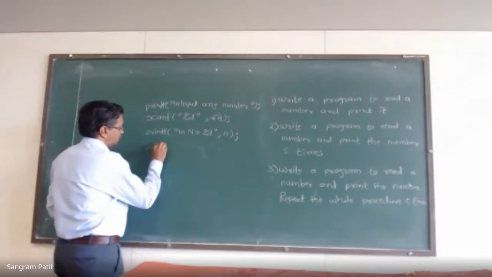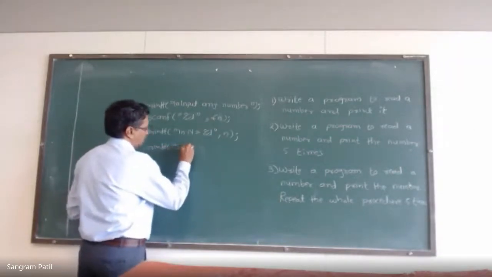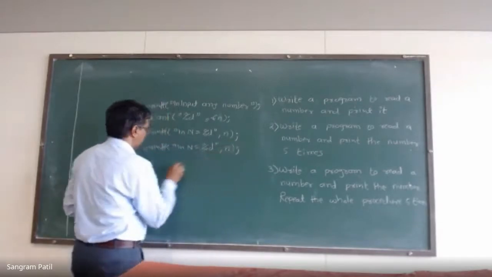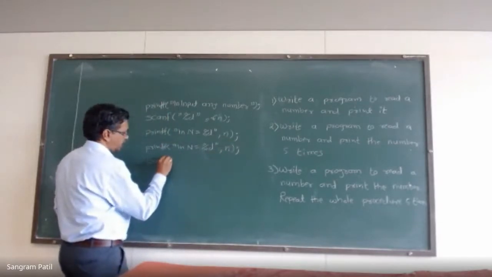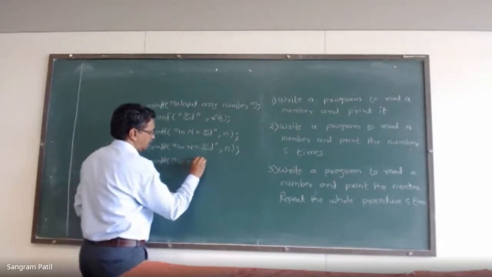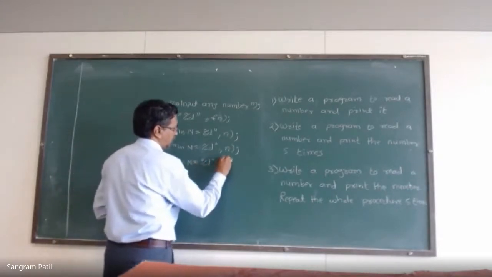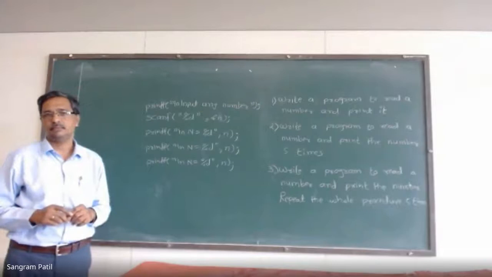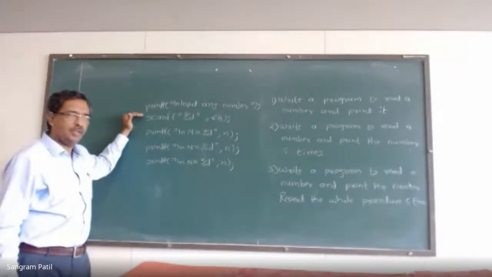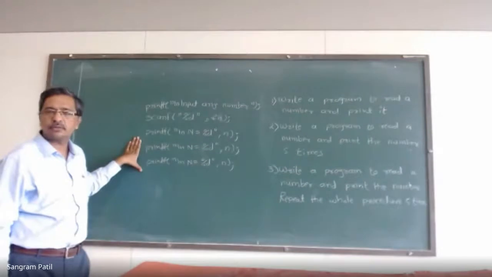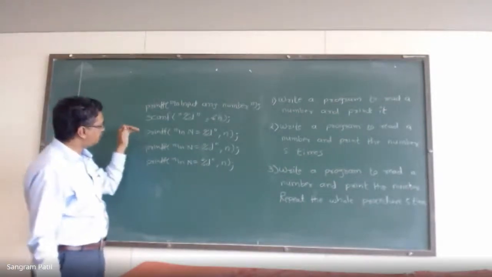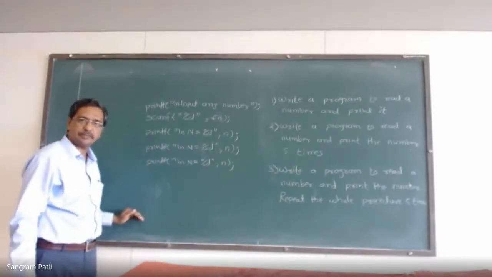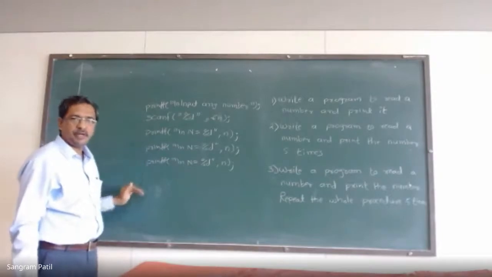So to print the number 5 times, we can repeat the printf like this 2 more times. Finished. But if we check this, the single statement is repeating 5 times as it is.